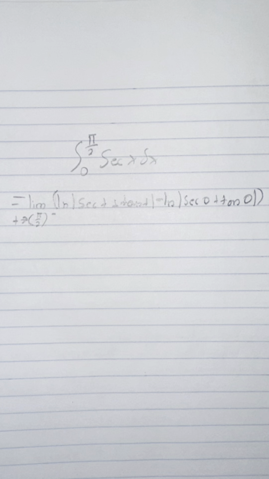Now, because of this, the original improper integral, which was the integral from 0 to pi over 2 of secant x dx, becomes the limit as t approaches pi over 2 from the left of the natural log of the absolute value of secant t plus tangent t, minus the natural log of the absolute value of secant of 0 plus tangent of 0.